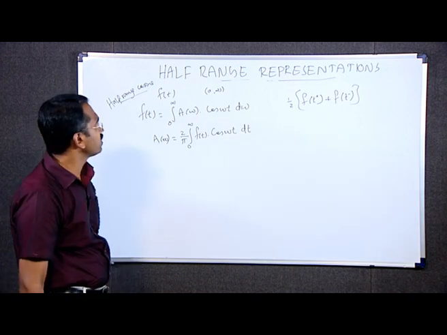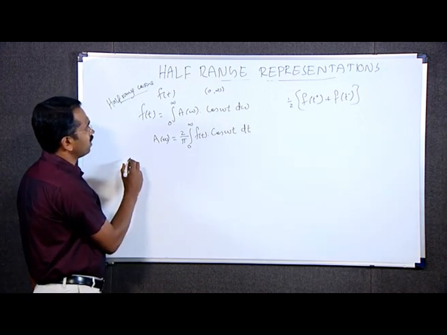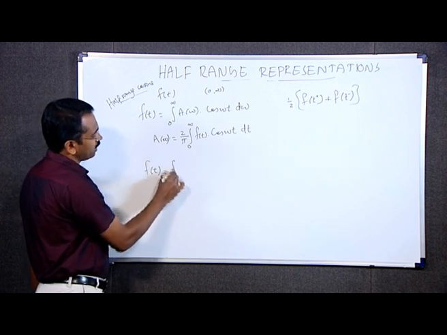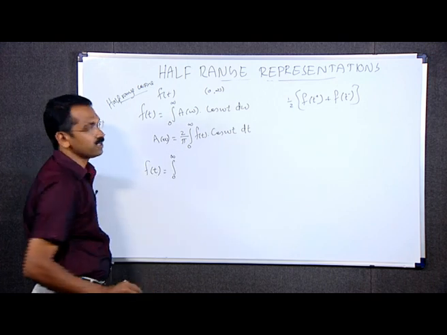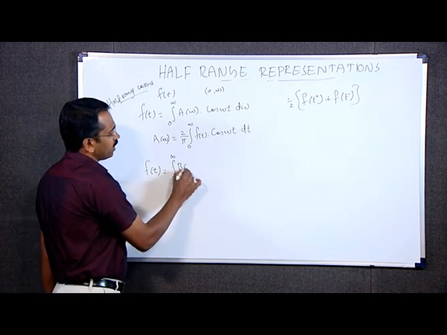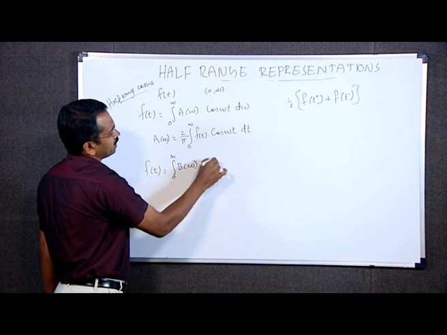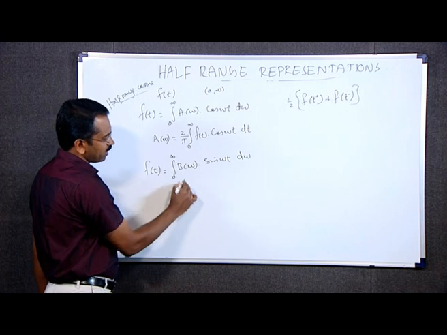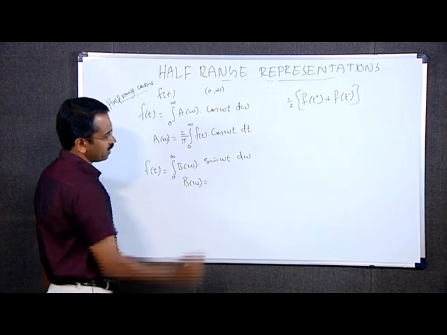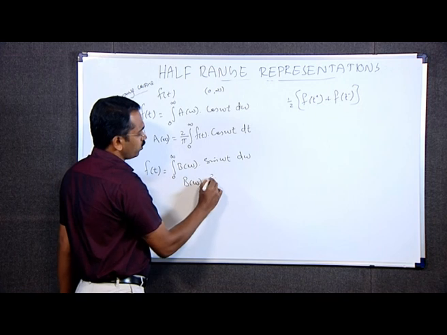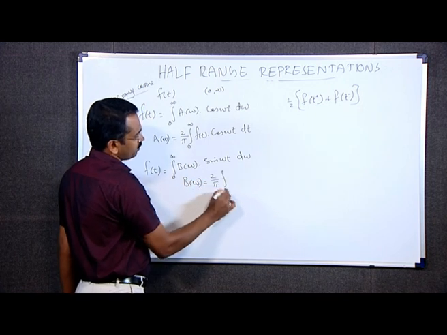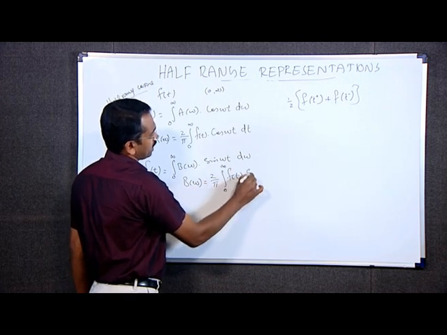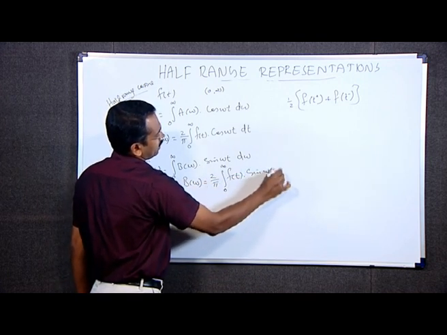And the half range sine integral representation is given by f of t equal to integral from 0 to infinity b of omega into sine omega t d omega, where b omega is given by b omega is equal to 2 by pi into integral from 0 to infinity f of t into sine omega t dt.